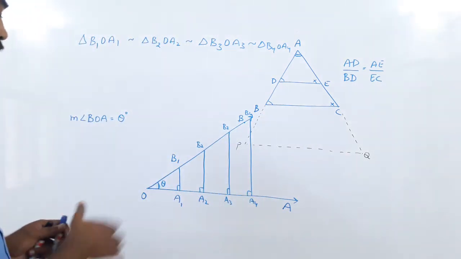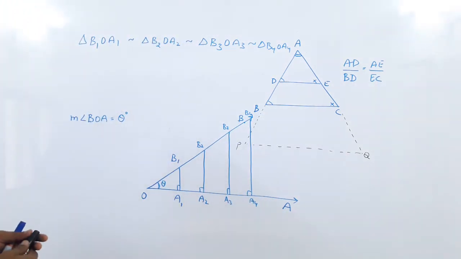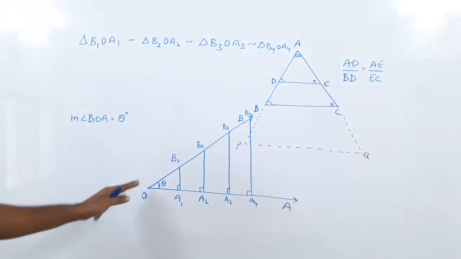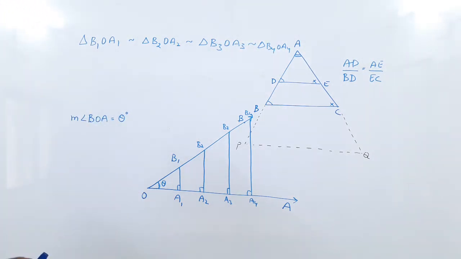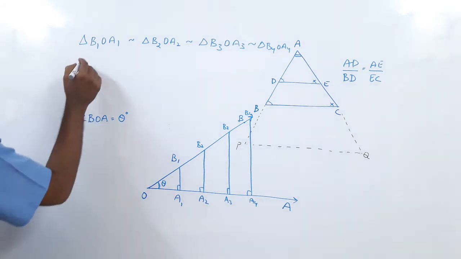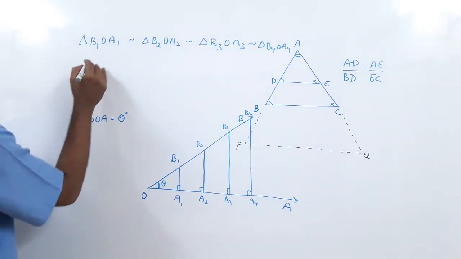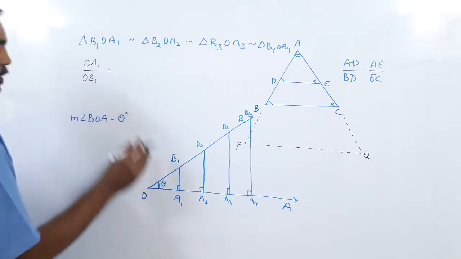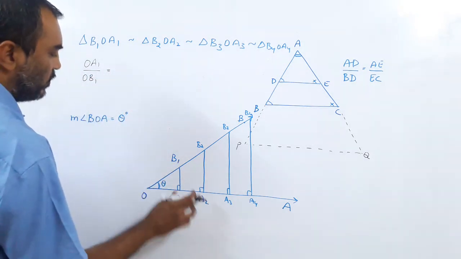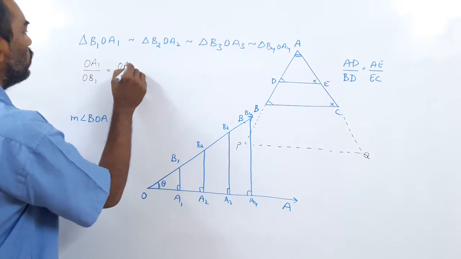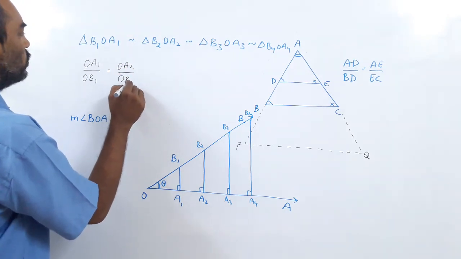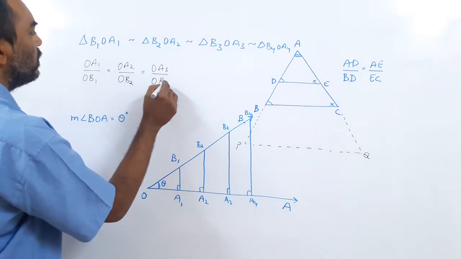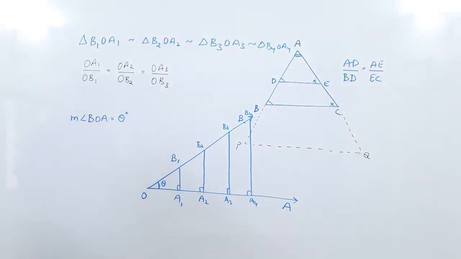Same way the lines are parallel here. So what will I get? Or the total sides also, we can take any similarity. So what do you get here? You get OA1 upon OB1 is OA2 upon OB2 equal to OA3 upon OB3 and so on.